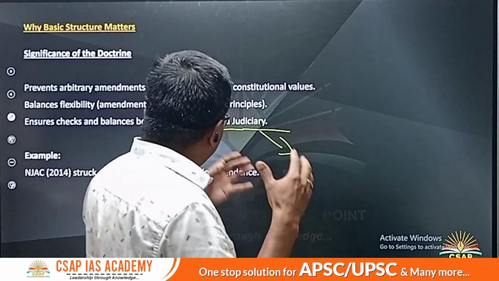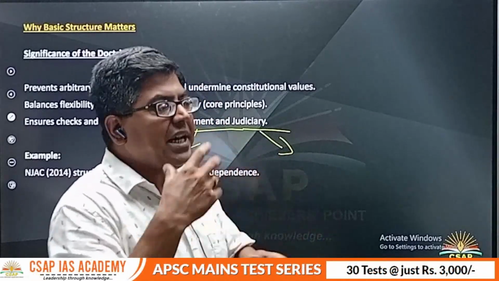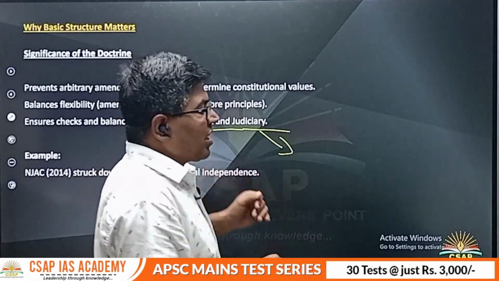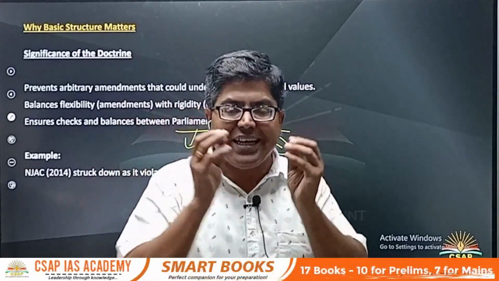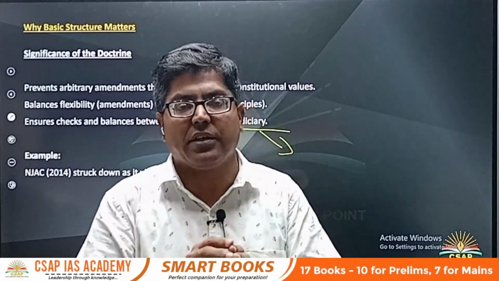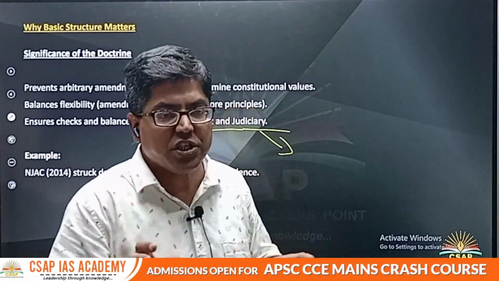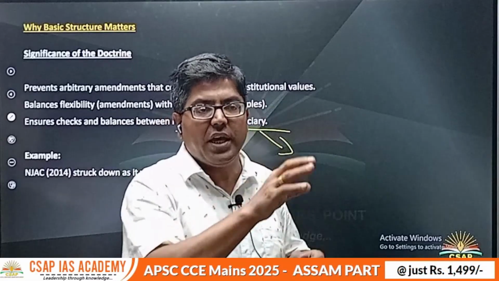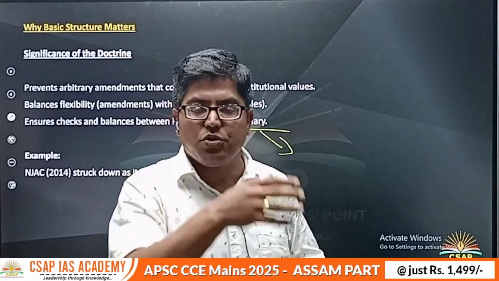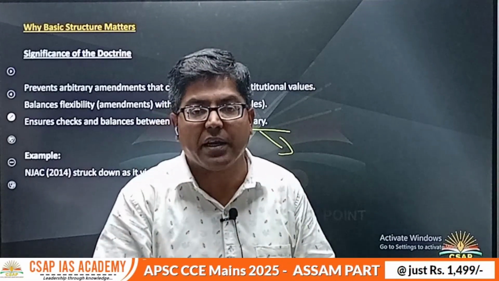So these questions are mediated through the basic structure doctrine. That was an attempt to resolve the conflict of who is superior, the parliament or the judiciary. Those questions were mediated through the constitutional bench in the Kesavananda Bharati case.